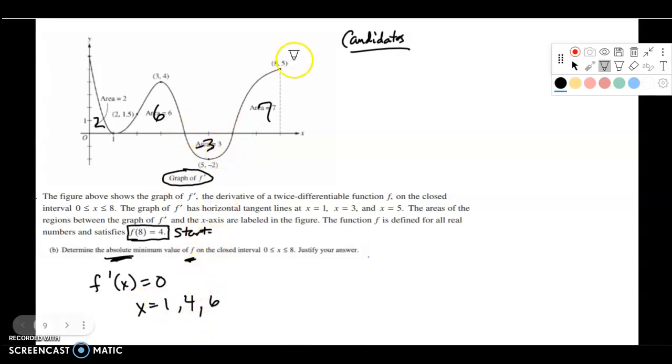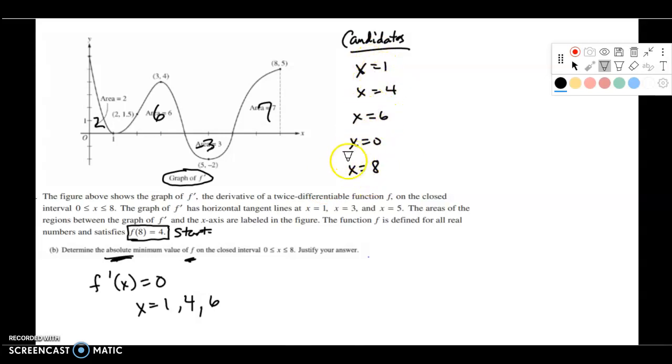So those are my 3 critical numbers. X equals 1, x equals 4, x equals 6. They are all candidates in this election. And then both the endpoints count because the interval is closed. So x equals 0 counts, as well as x equals 8. Okay, all 5 of these are candidates for this absolute minimum value election.